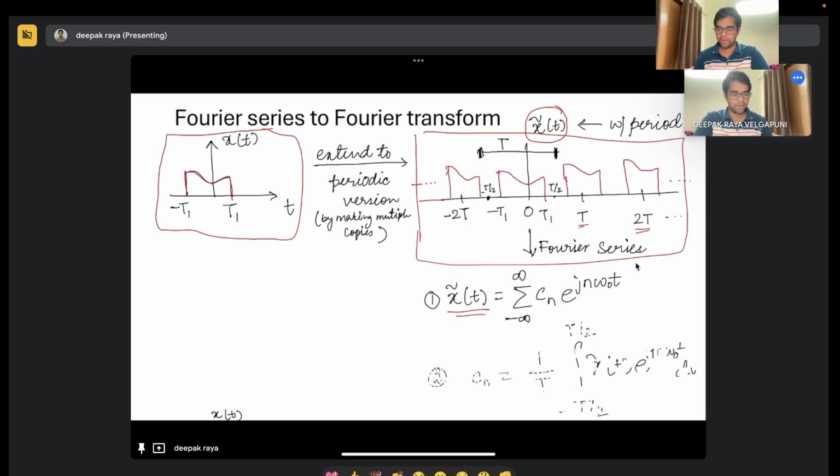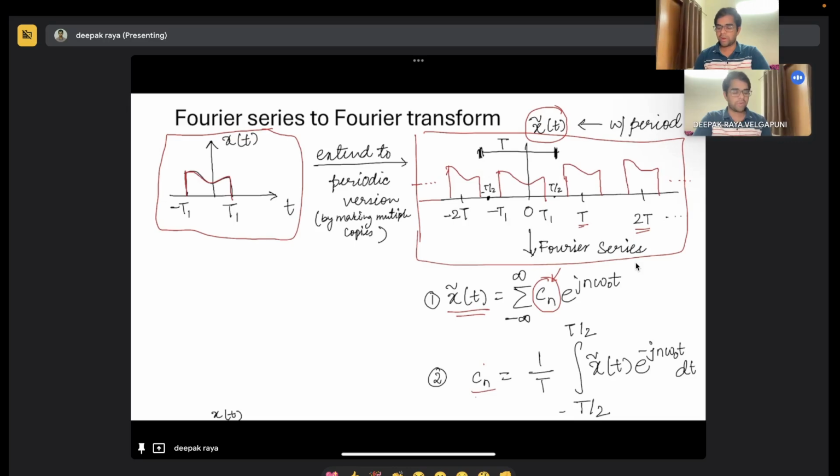Now we have an expression for this coefficient. We want to find frequency information, right? From the Fourier series we know Cn is the amount of the particular frequency n omega naught that is present, so we need to find Cn. The Cn expression is straightforward from the previous slide.